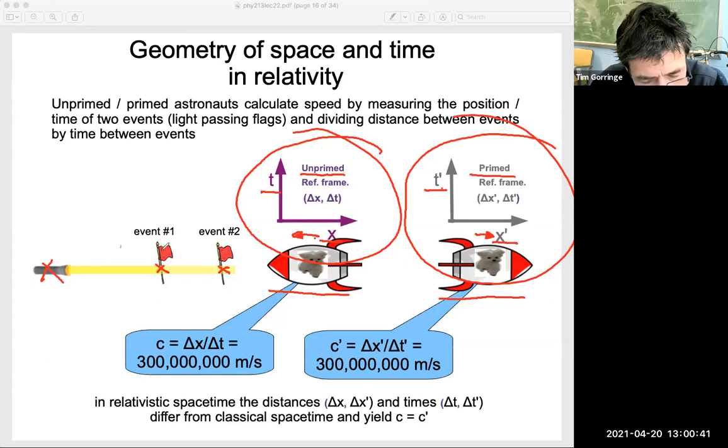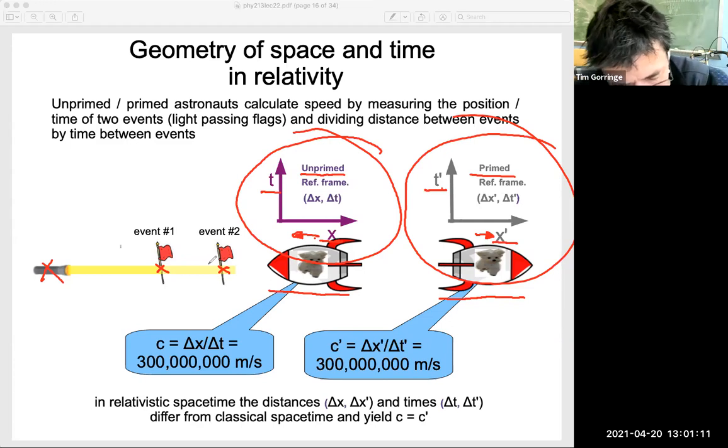So we could measure the time interval from flag 1 to flag 2, and we could measure the spatial distance from flag 1 to flag 2. They can both do that. And if they measure the time intervals and the spatial distances, then they've just got to take distance over time to calculate the speed. That's what they're going to do to measure the speed of the light ray.